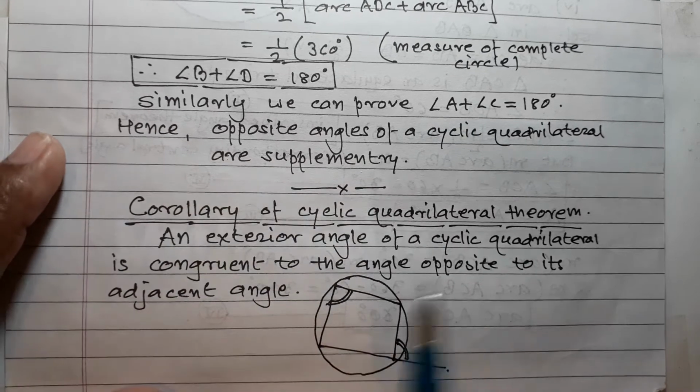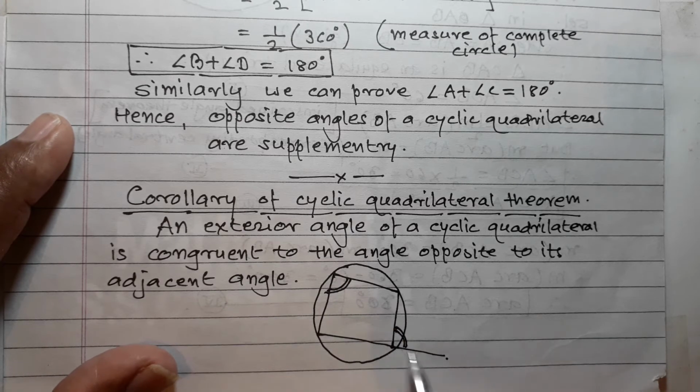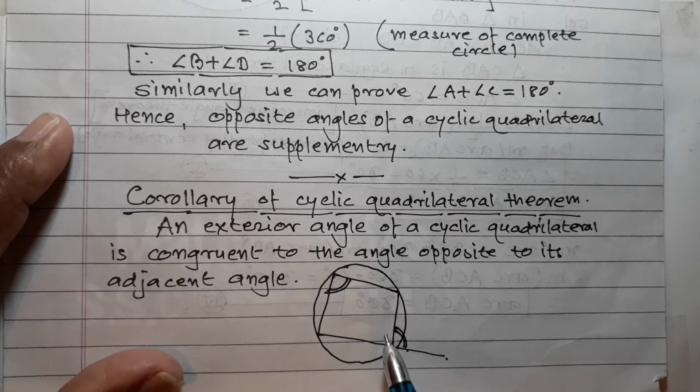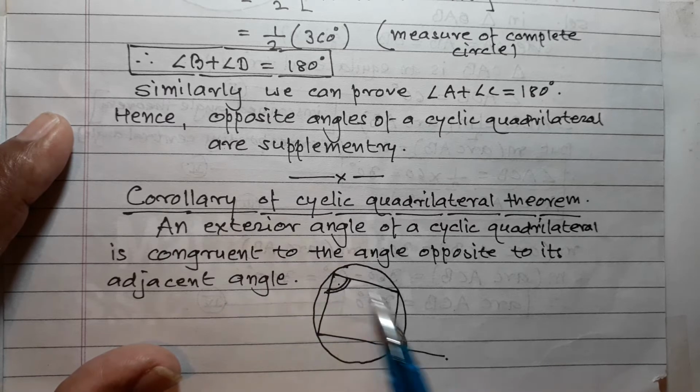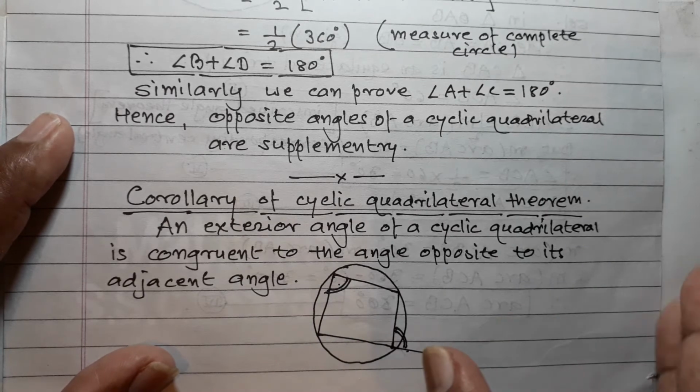That means, suppose this is a circle and this is a cyclic quadrilateral, then if you produce this side, this angle is the exterior angle. This exterior angle is equal to the angle which is opposite to the adjacent of this angle. So this is the adjacent angle, and the opposite angle is this. So this angle and this angle are equal. This is a very important property.